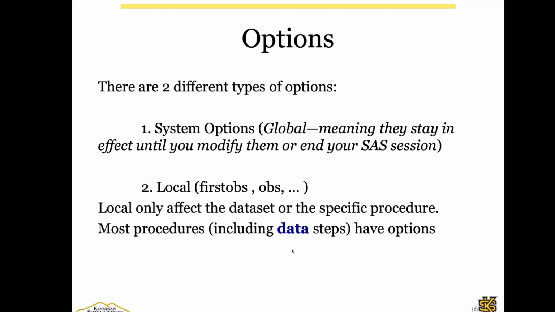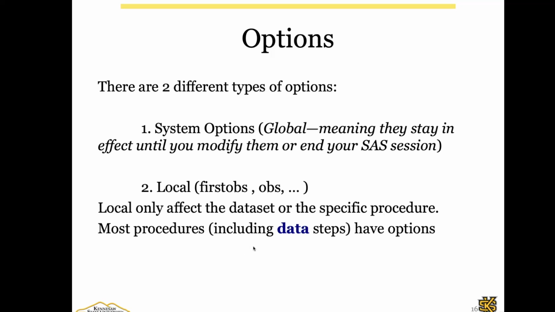But when I add options like FIRSTOBS or OBS, I am doing some modification to the proc print function, or to whatever function. It means we are adding some options to that specific function, so we can say we have local options. Local options only affect the specific dataset or procedure.